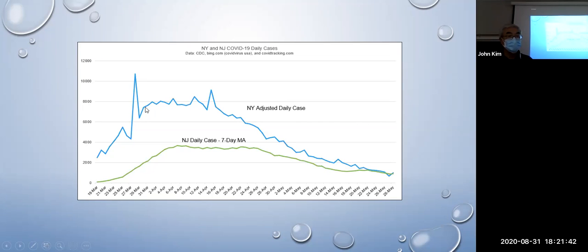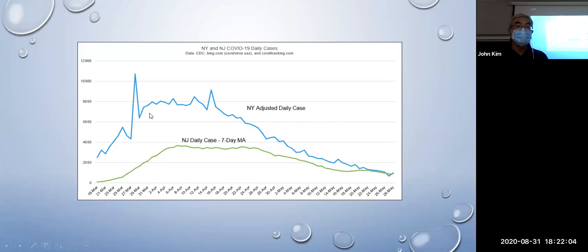So we can assume this flattening or curve is because of social distancing. Nationwide social distancing issues, I don't remember exactly, but sometime in late March.